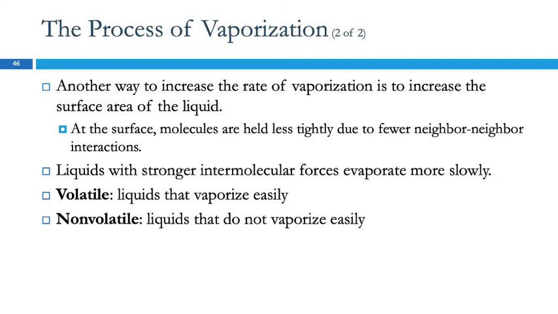Oil is nonpolar, so it doesn't have the stronger intermolecular forces, but the molecules are long and large, and they tangle around each other, and so the rate of evaporation there is actually very, very slow. Whereas things like alcohol, acetone, those evaporate very quickly. Gasoline, right? Water evaporates, was kind of in the middle.